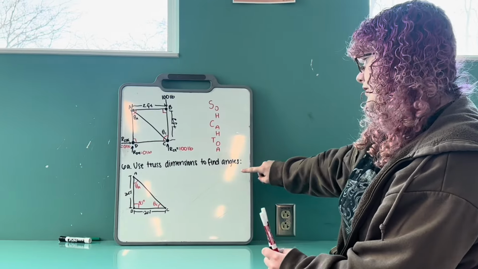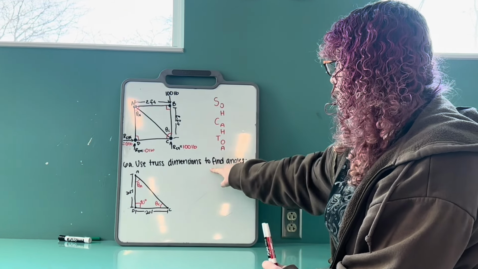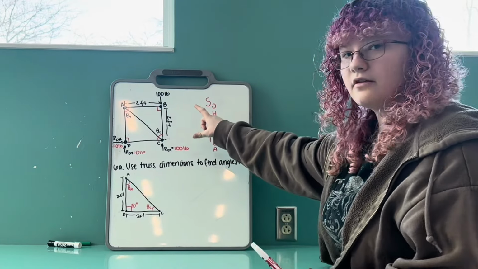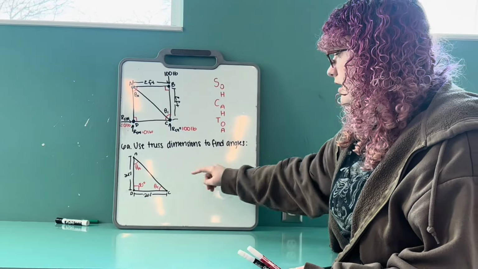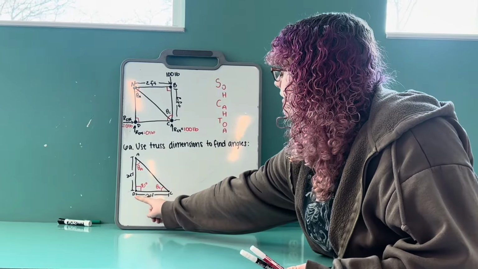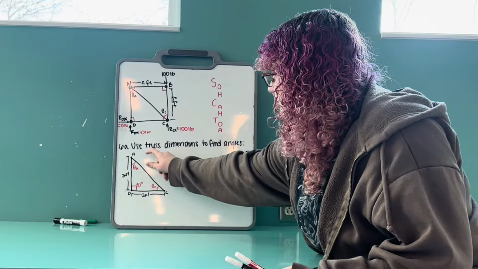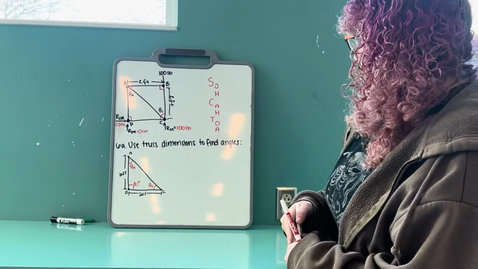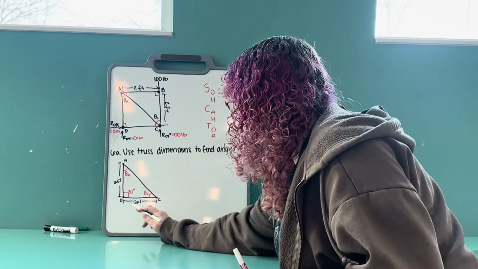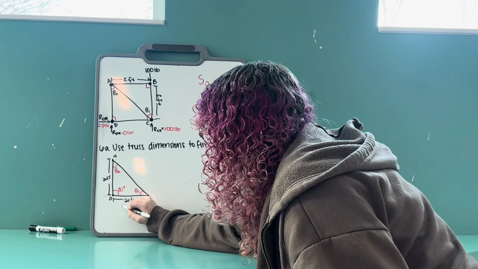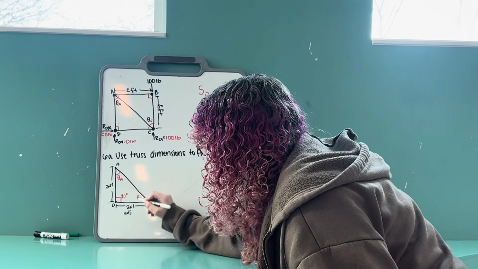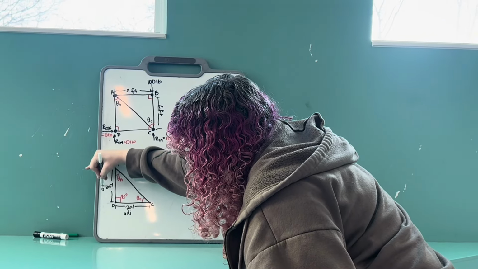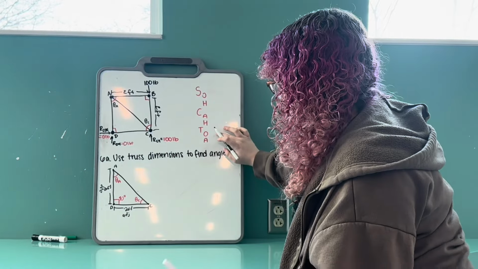Okay, then for step 6, for 6A, we need to use the truss dimensions to find the angles. Since it's a square, you don't need to do both of them because they're obviously the same. We know this is a 90 degree angle, and then we have two unknown angles, or thetas. Since this is the adjacent side for theta C and this is the opposite, we can use tangent.